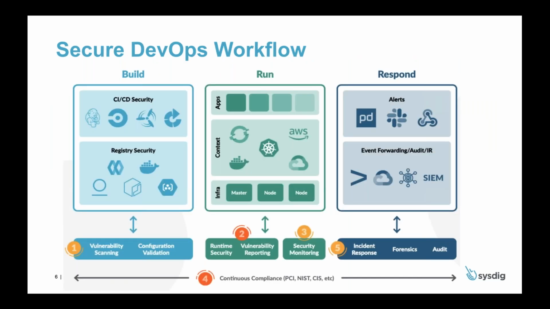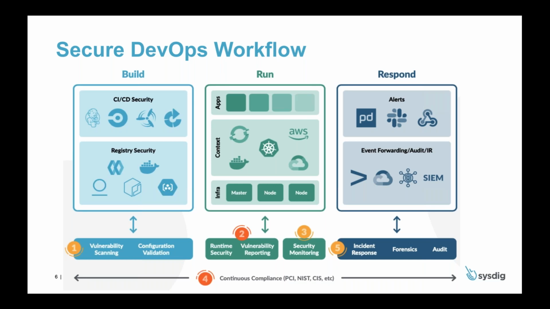So taking a step back, what does a secure workflow across this lifecycle look like? This starts typically with securing the build phase, but also ensuring that you have runtime security and a response framework in place as well. So in the build phase, embedding scanning to detect vulnerabilities as well as misconfigurations, ensuring your developers are following best practices as early as possible is the first step.